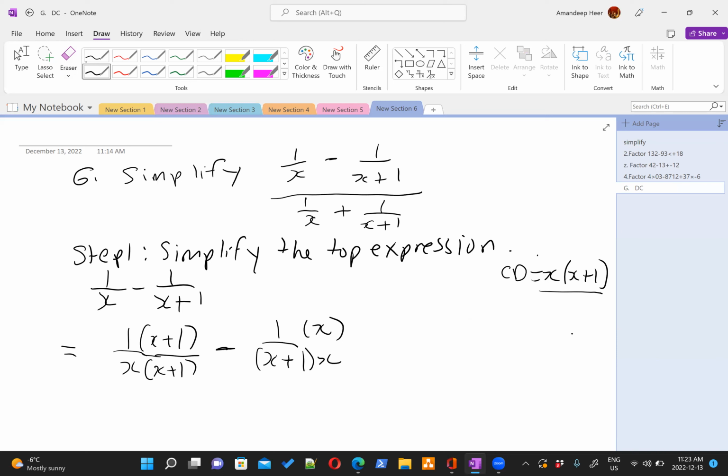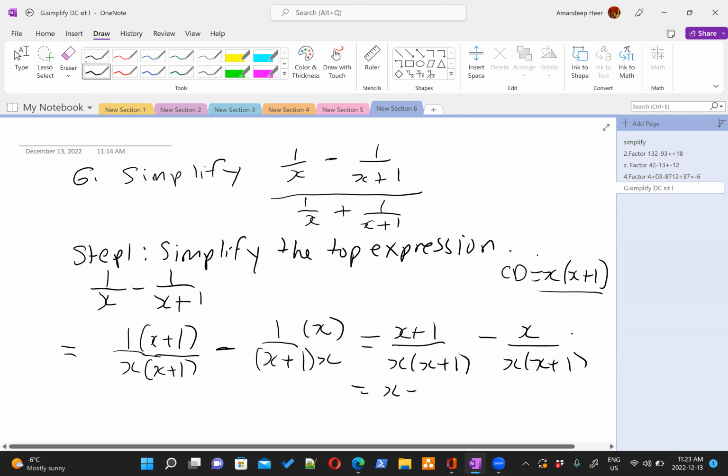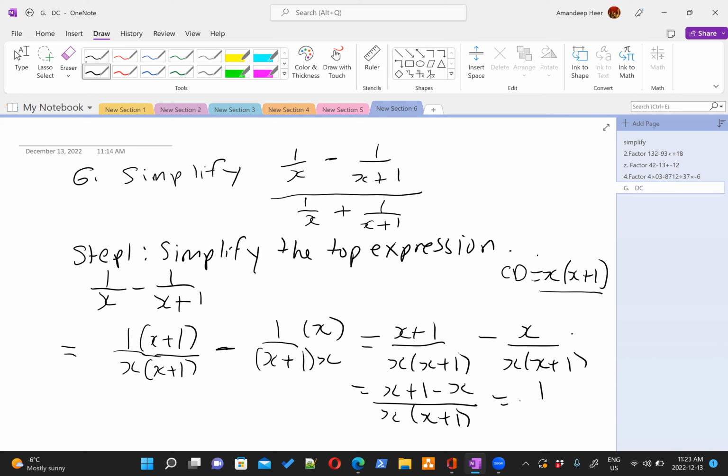So if we simplify this quantity, you get x plus 1 minus x over x times x plus 1, which is still going to be 1 over x times x plus 1.